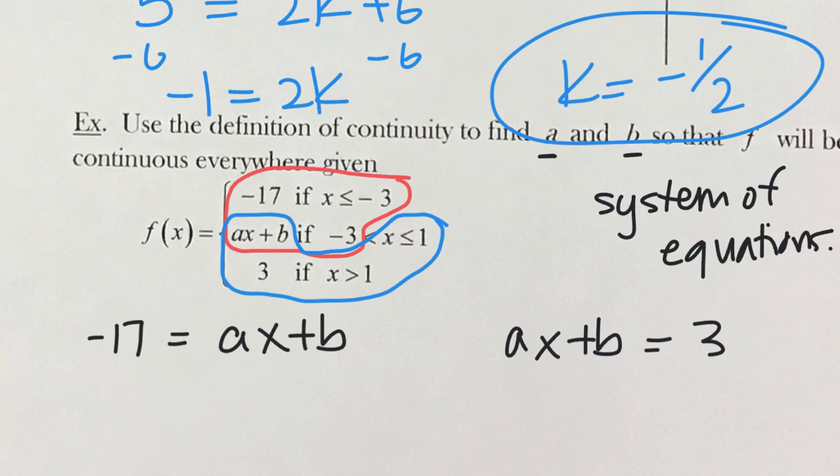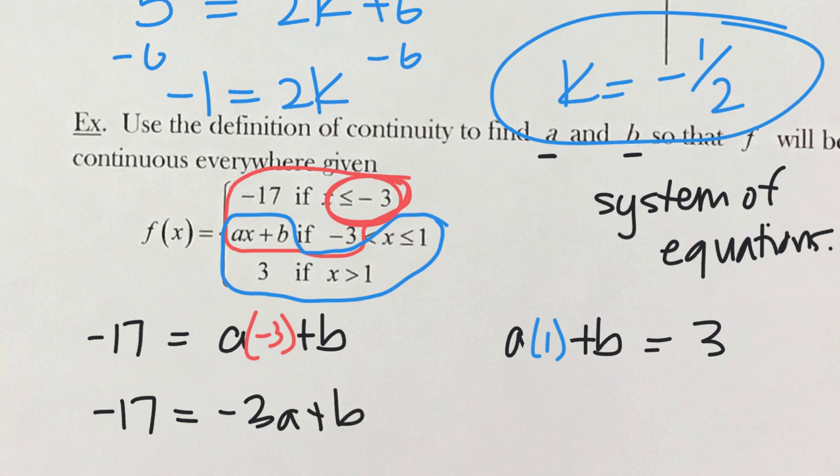Okay, and the x value is going to be -3 for our top 2 equations. Right? That's the x value in question. And the bottom 2 equations is going to have an x value of 1. So we'll plug in a 1 right here. So -17 equals -3a plus b, and a plus b equals 3.